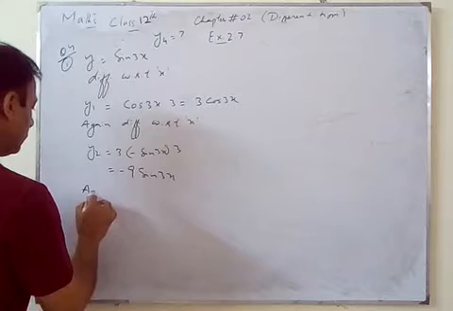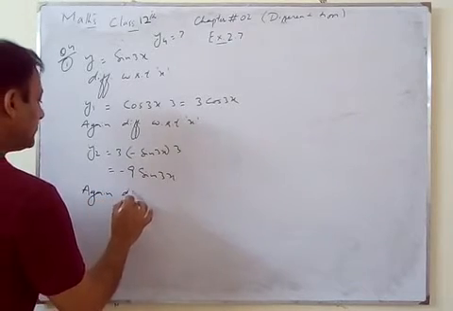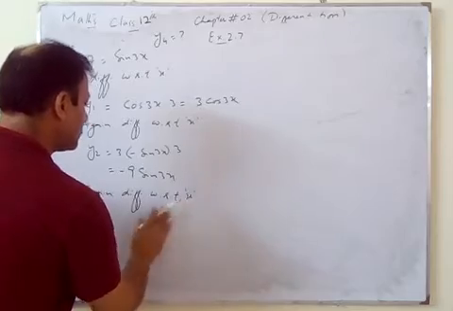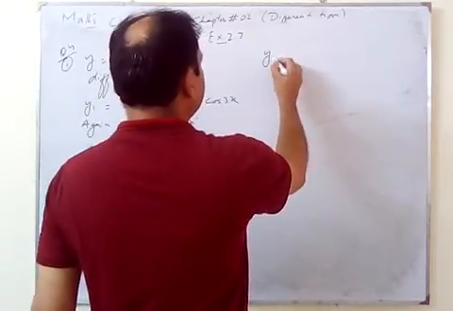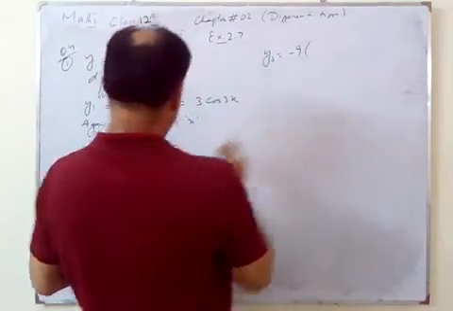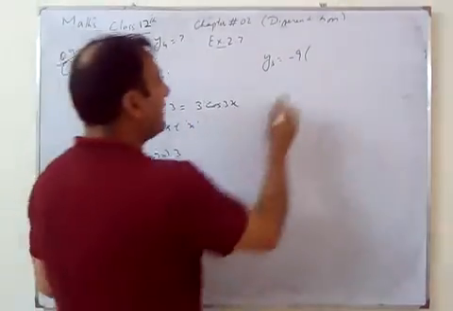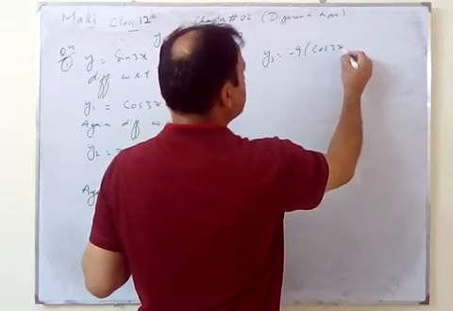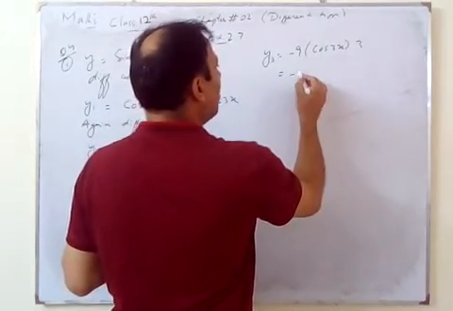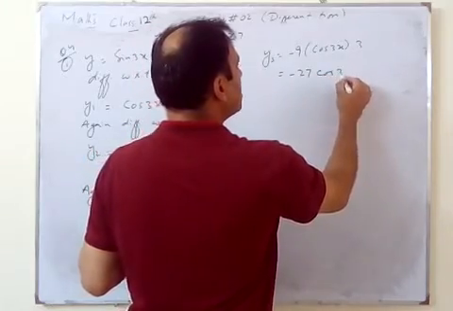Again differentiate with respect to x. So it becomes y3, that is minus 9 times the derivative of sine 3x, cos 3x, into the derivative of 3x, that is 3. So minus 27 cos 3x.